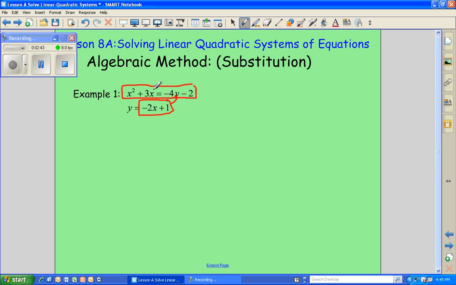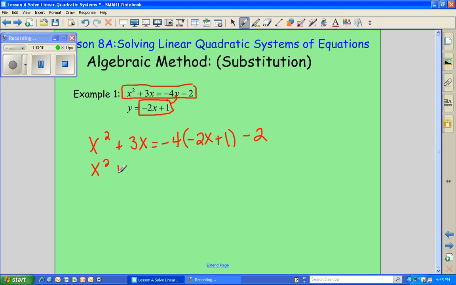So it's going to become x squared plus 3x equals negative 4, and instead of that y, I'm replacing it with the negative 2x plus 1, minus 2. Okay, so now my equation only has one variable in it, and I'll be able to solve it.